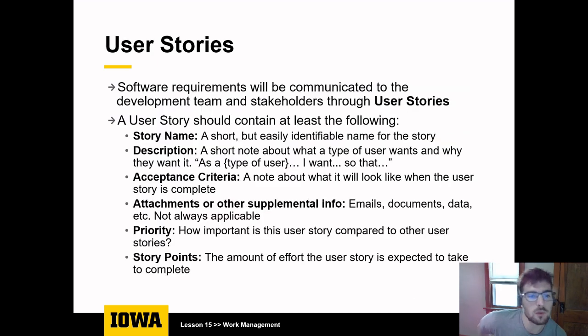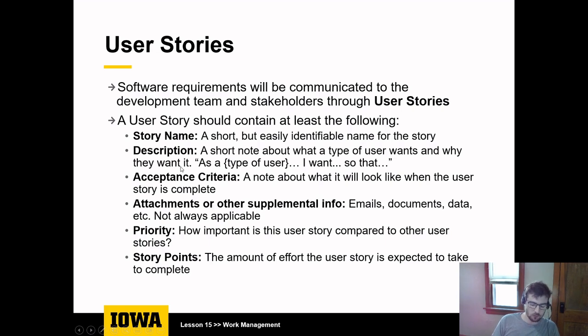Okay, the convention we would use in this course for describing our software requirements are user stories. And a user story is structurally composed of the following. So a story name, short, easily identifiable name for the story. Okay. A description, which is a short note about what a type of user wants and why they want it.